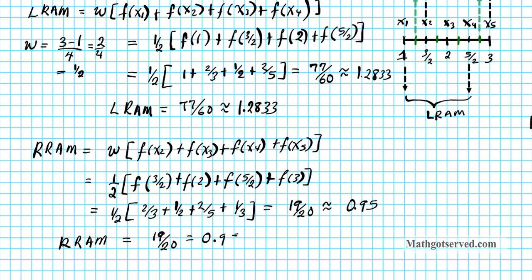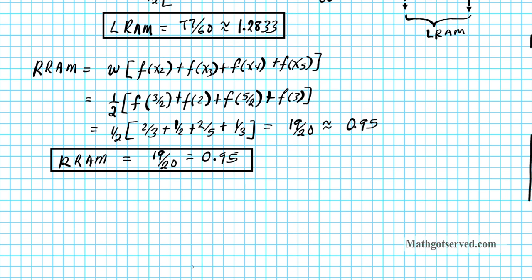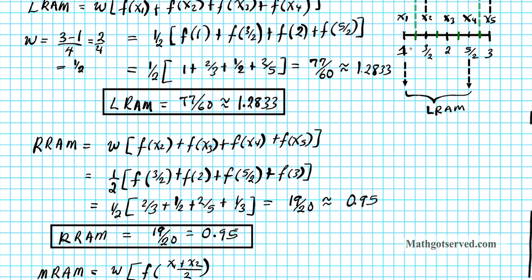All right, our last approximation is the midpoint rectangular approximation. Let's go ahead and compute what that is. So for MRAM, we're going to be using the midpoint here. MRAM is going to be the width times f of (x1 plus x2) over 2. We're going to be averaging our x-values, okay? So (x1 plus x2) over 2 gives you that midpoint, and then (x2 plus x3) over 2.